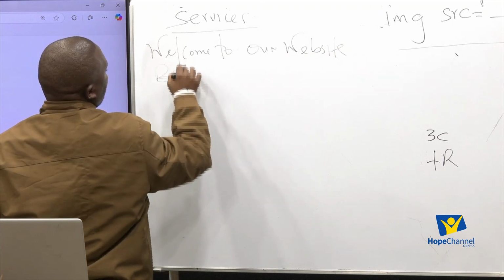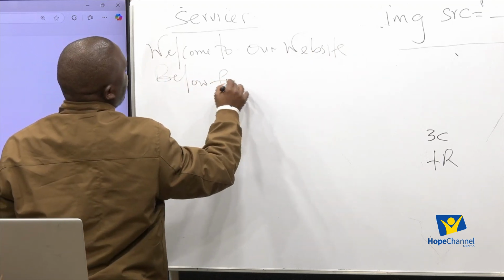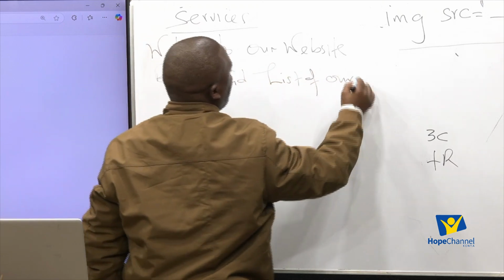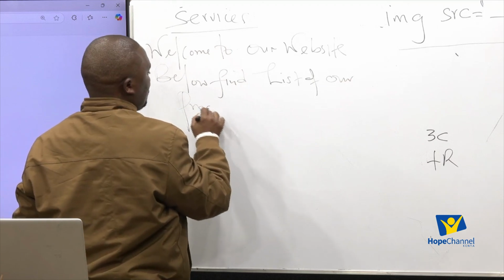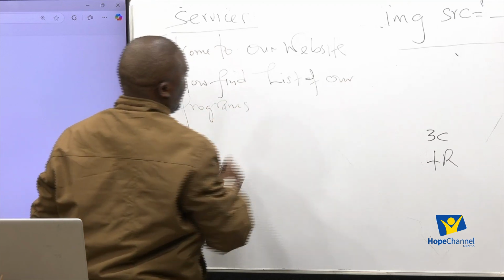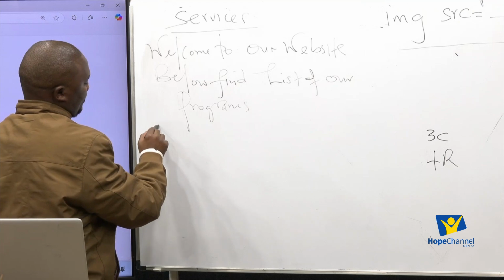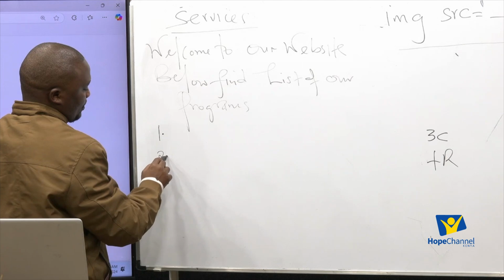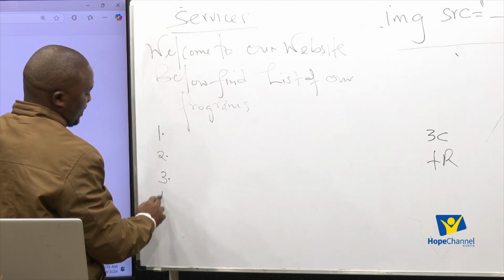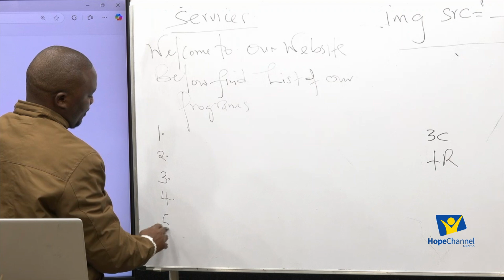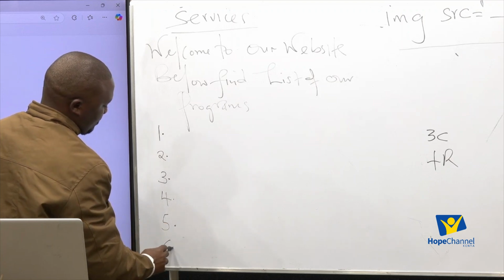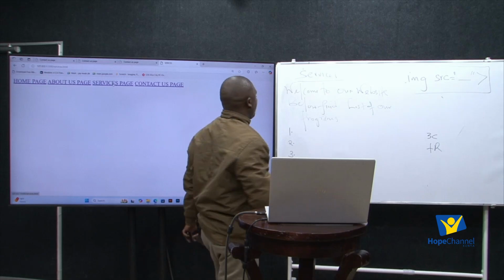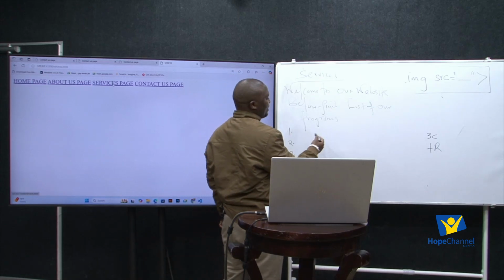Below, find a list of our programs. Then from there we start: item 1, item 2, item 3, item 4, item 5, item 6, in a list order.